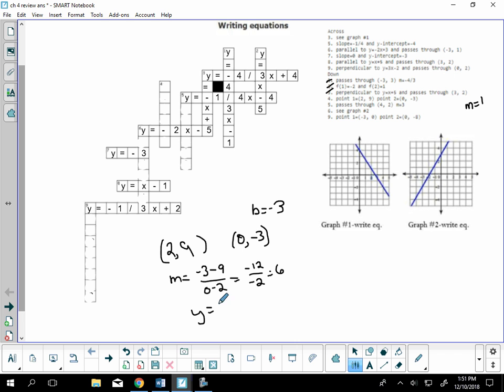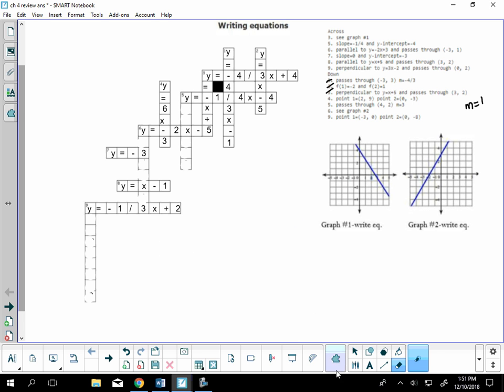Y equals 6x minus 3. And that was number 4 down. All right. I'm going to go ahead and erase my work so I can keep on using that space.